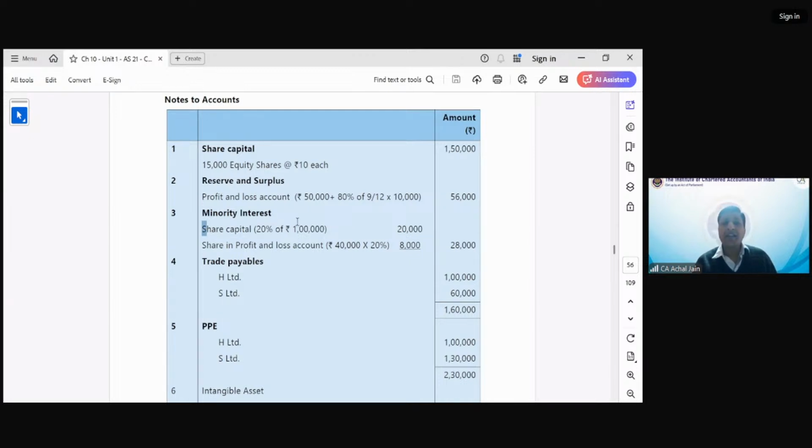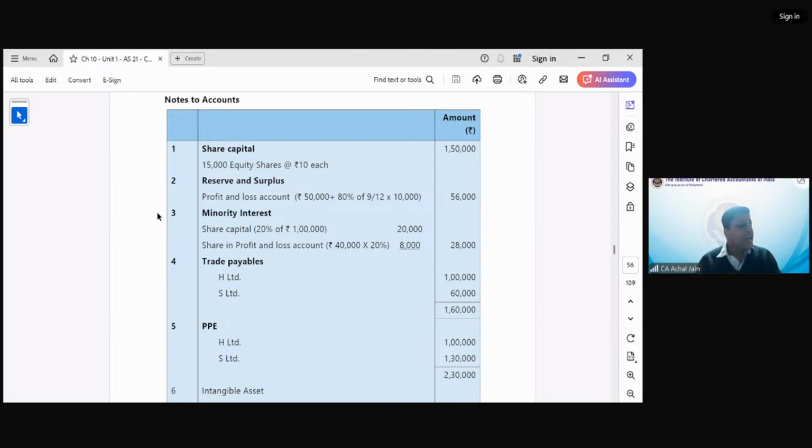So what is the amount of net assets? 1 lakh plus 40,000. So this is the portion that you will take to the minority. 20%. Fine.